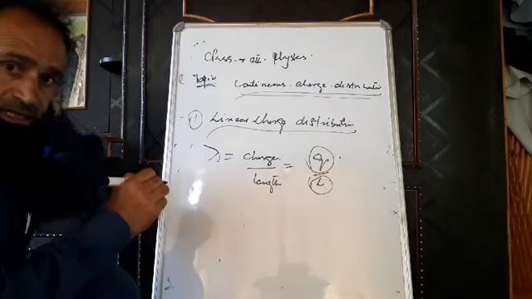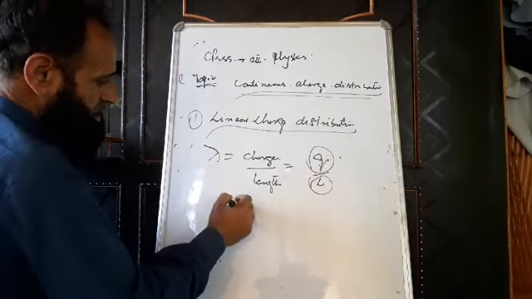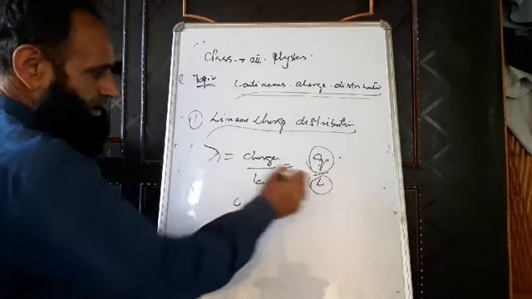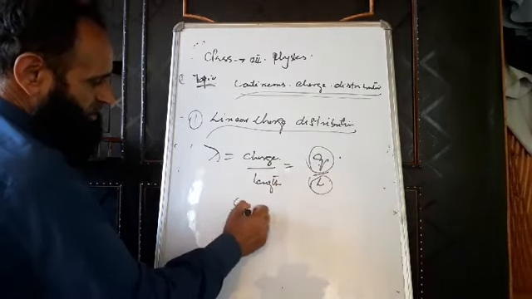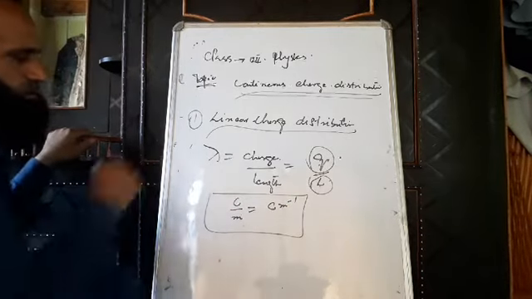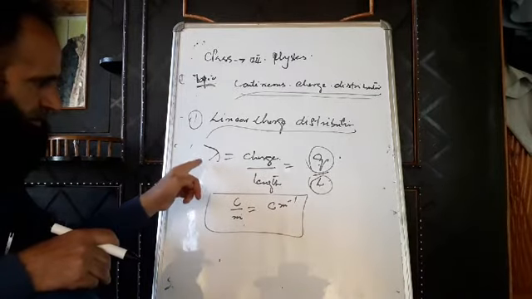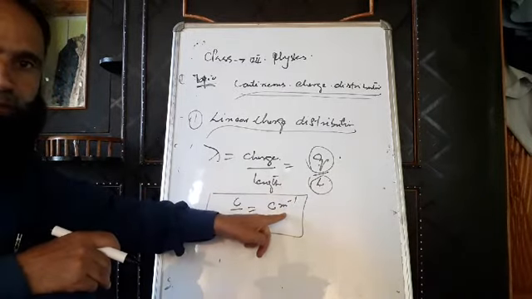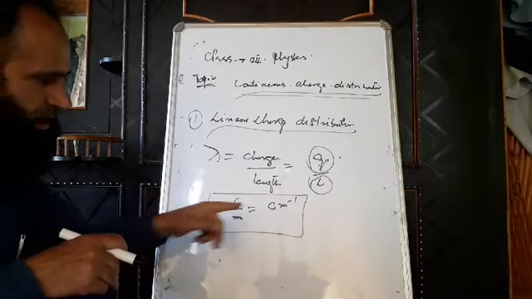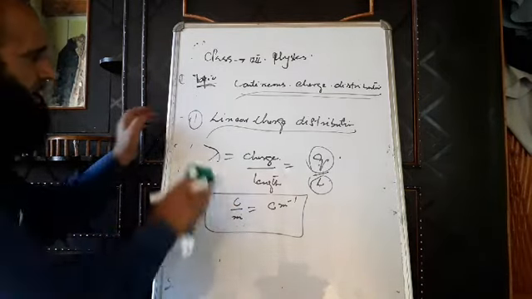Its unit is charge in coulomb, and length in meter. So coulomb meter inverse, or coulomb per meter, is the SI unit of linear charge density. It will sometimes be asked in the examination.